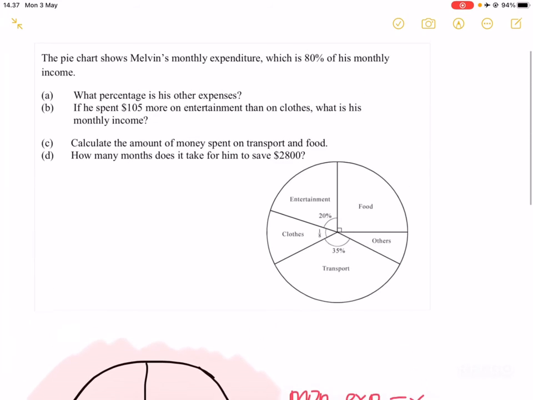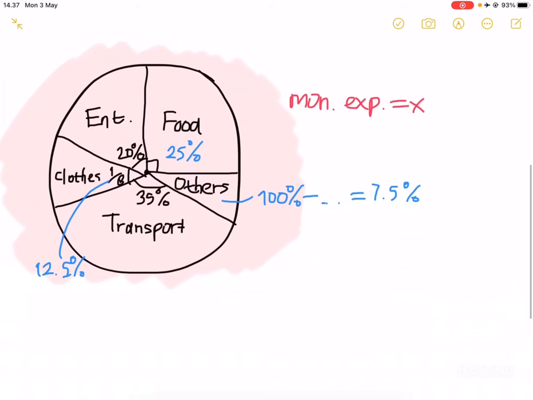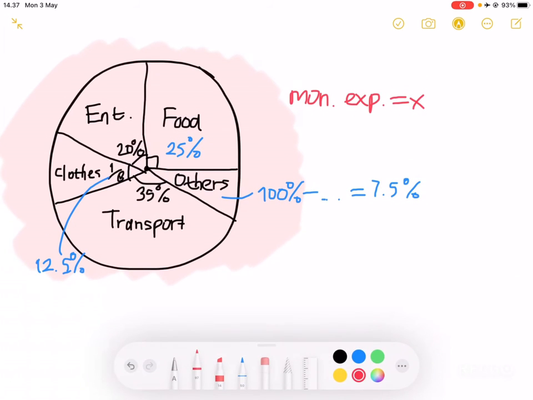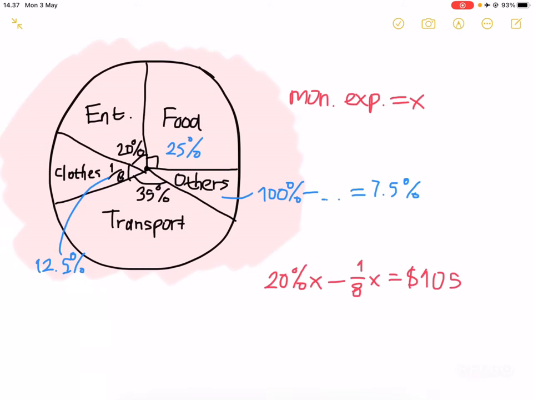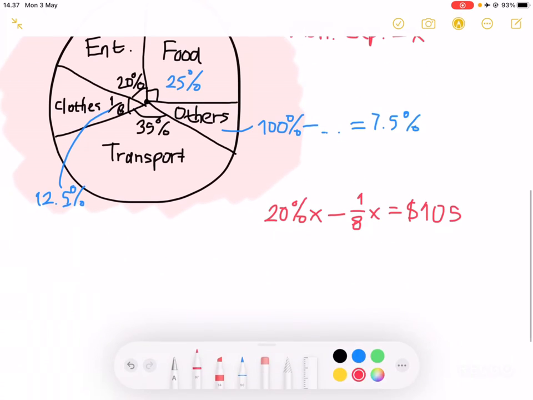And therefore we can form an equation in terms of x for how much he spent more on entertainment than on clothes. So we have 20% of x minus 1/8 of x is equal to $105. Solving this, you get x to be equal to $1,400.